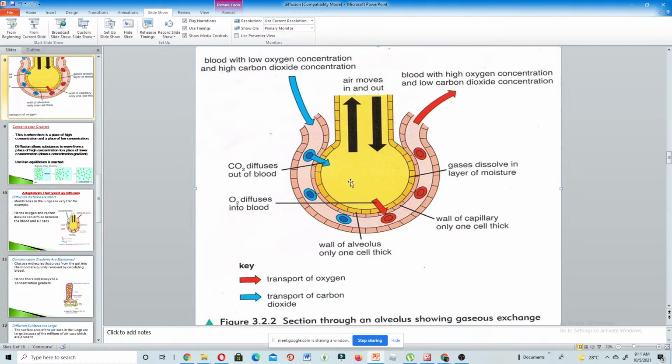This is what we call gaseous exchange, because gaseous means they are talking about gases, and the two gases they are referring to, of course, are carbon dioxide and oxygen. So this is where the human body exchanges these two gases.